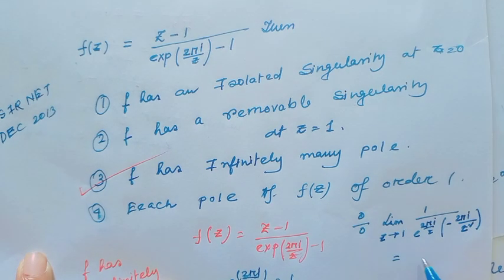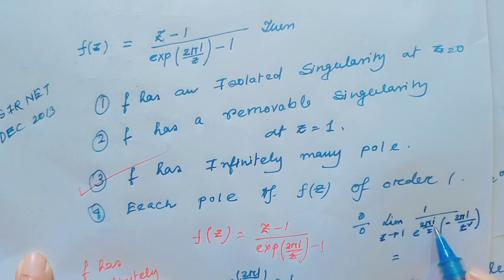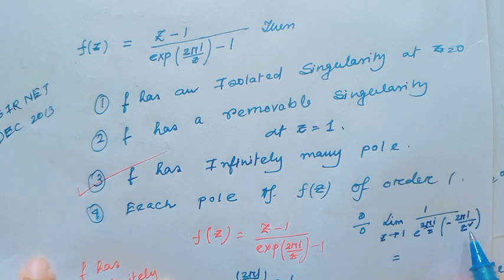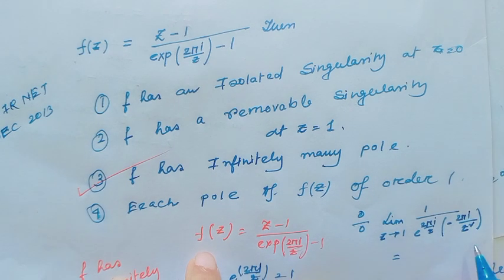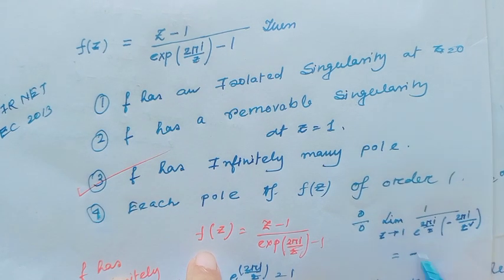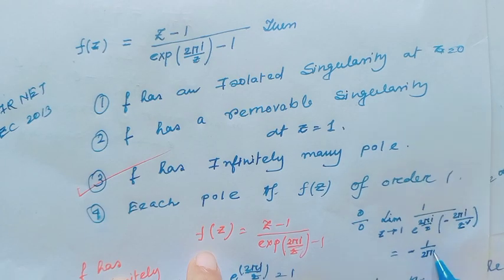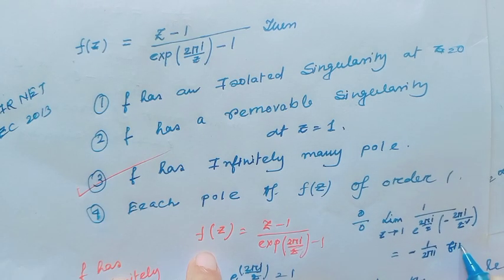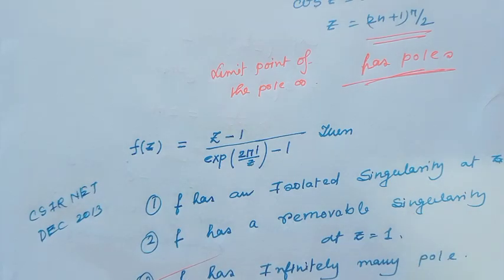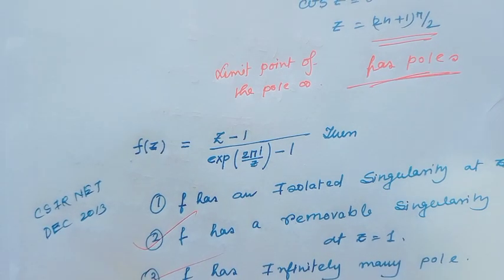At the point z equal to 1, e to the power 2 pi i means 1, and this value is minus 1 over 2 pi i. This is a finite value. So at z equal to 1, the singularity is a removable singularity.